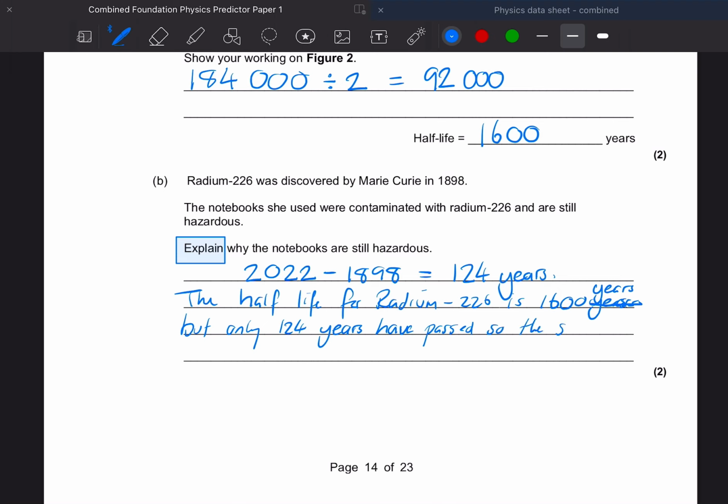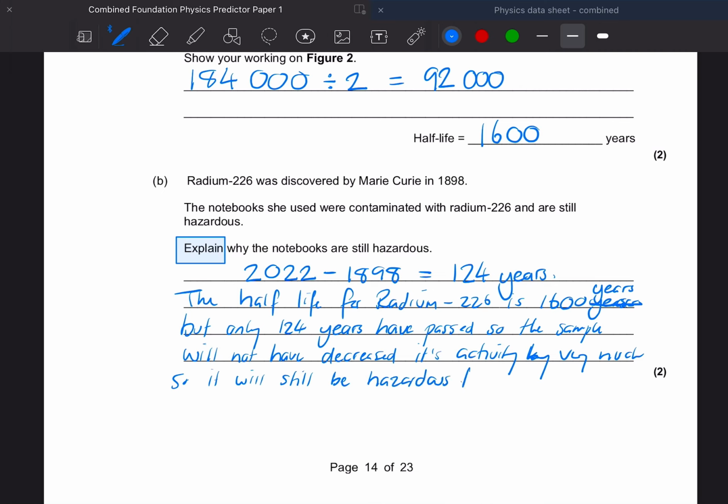So the sample will not have decreased its activity by very much. So it will still be hazardous today.